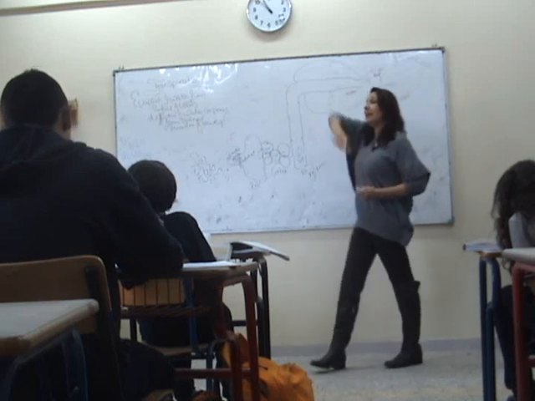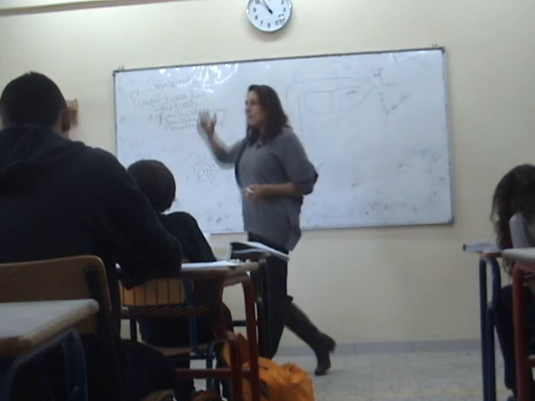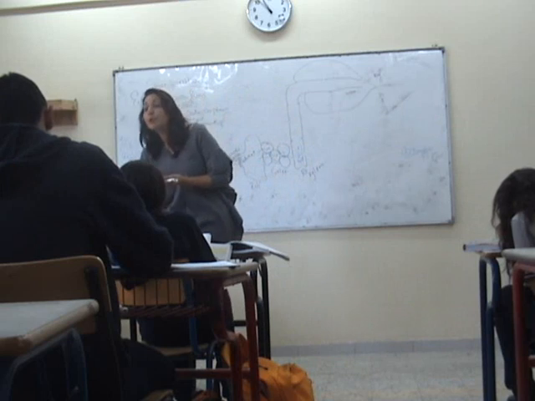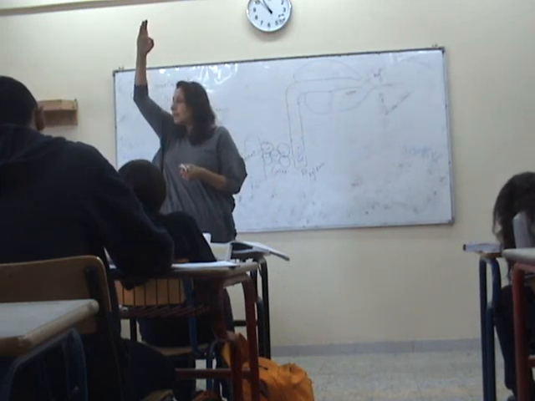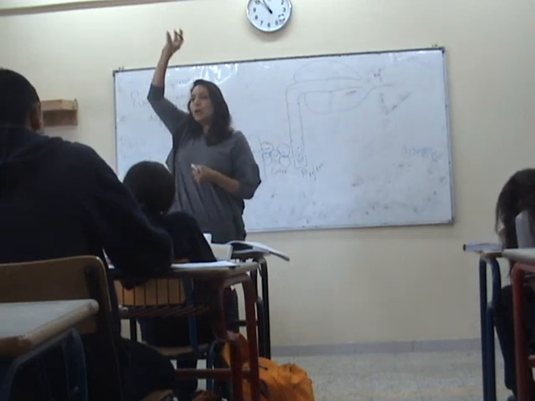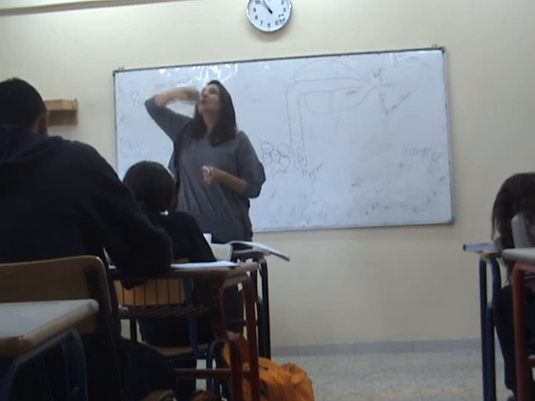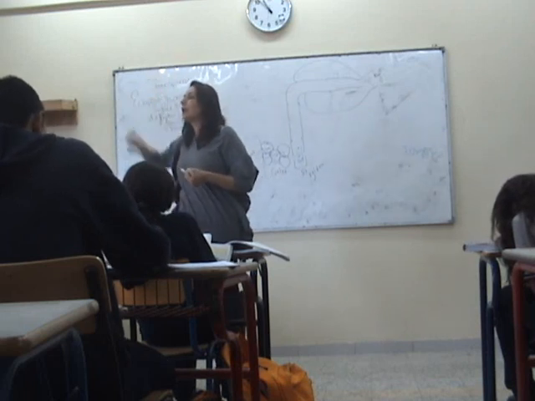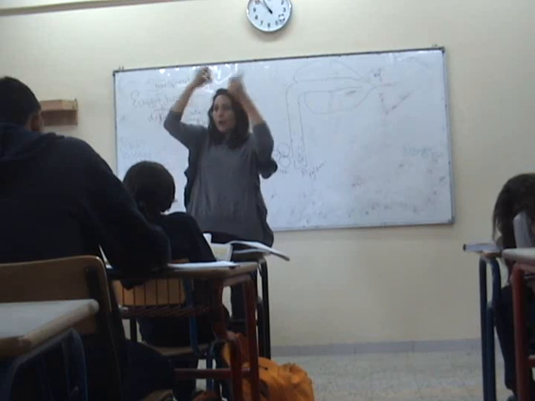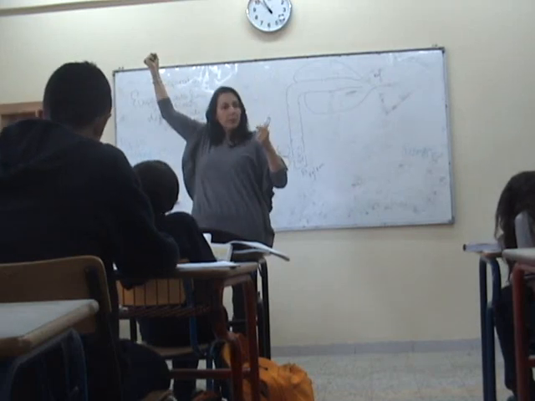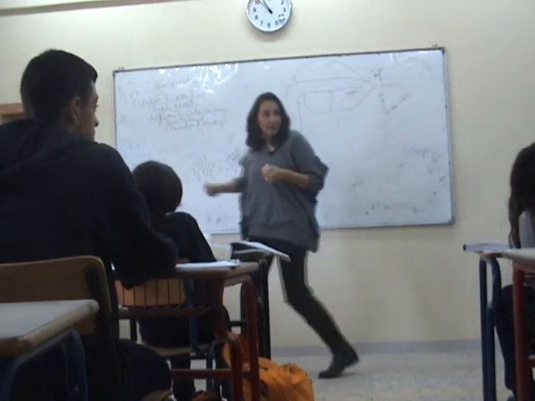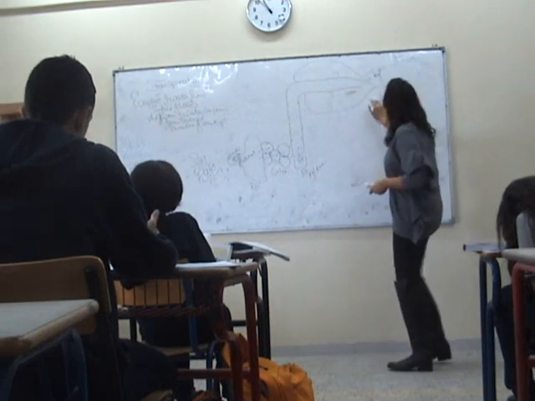But if you have a very tall tree, this pressure is not enough to push the water up to the leaves. You need something stronger happening in the leaves to start to suck this water upwards. Okay? So what's happening in the leaf?